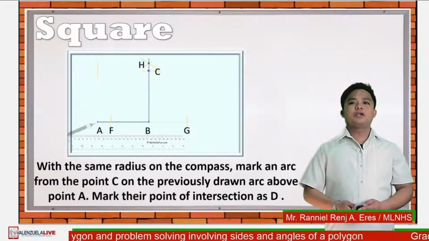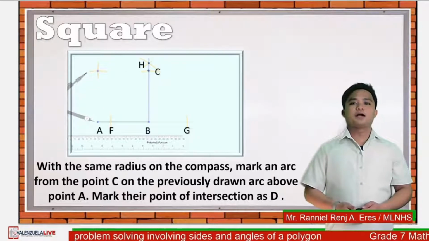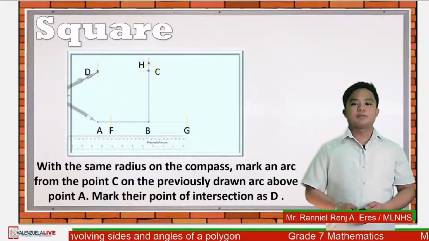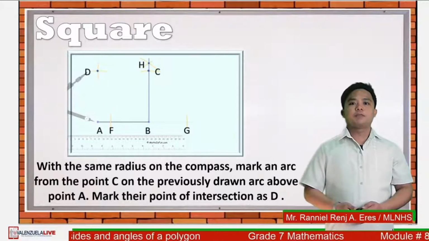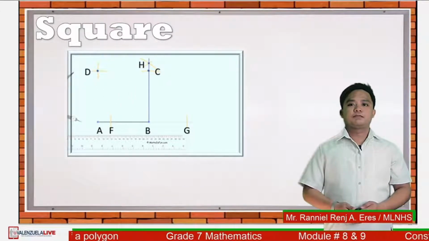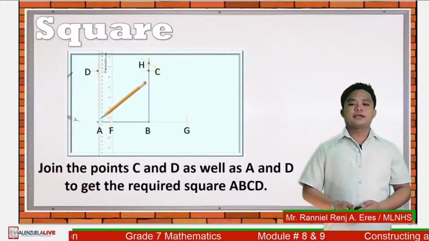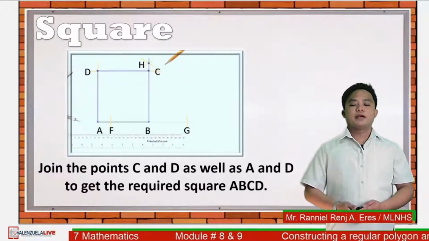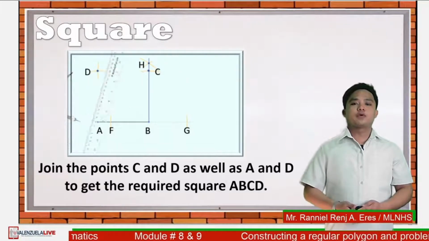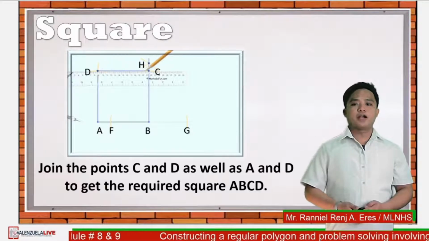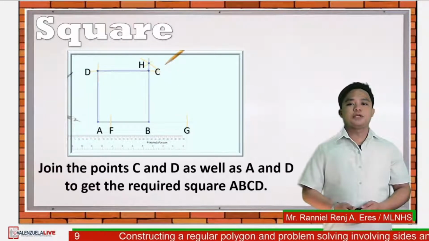Next, with the same radius on the compass, mark an arc from point C on the previously drawn arc above the point A and mark the point of intersection as point D. Next is join the points C and D as well as A and D to get the required square ABCD. So now we already have a regular quadrilateral, or simply a square.